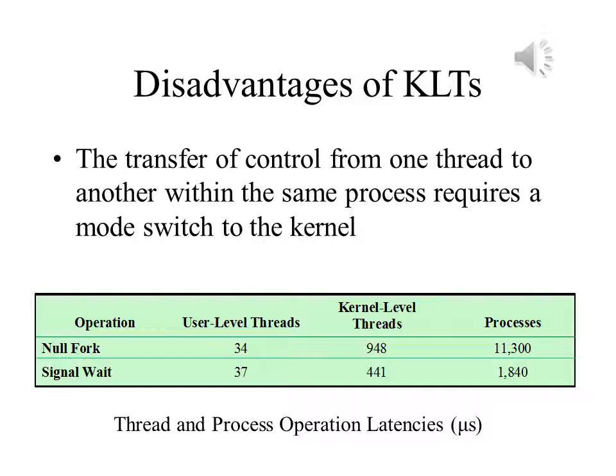To illustrate the differences, the table in the slide shows the results of measurements taken on a uniprocessor VAX computer running a Unix-like operating system. The two benchmarks are as follows: null fork, the time to create, schedule, execute, and complete a process or thread that invokes the null procedure, in other words, just the overhead of forking a process or thread; and signal wait, the time for a process or thread to signal a waiting process or thread and then wait on a condition.